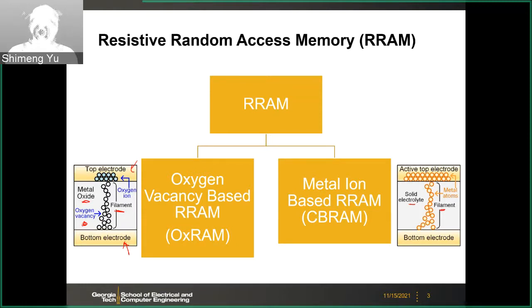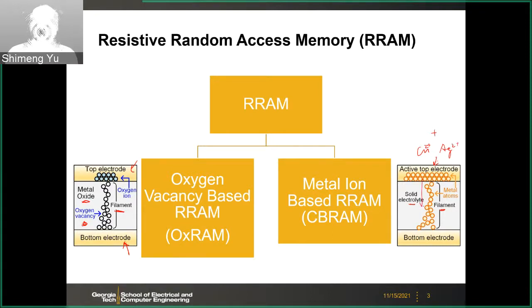So in this case, we have the active electrode, and typically it's made of copper or silver. So copper and silver atoms can be easily ionized. If you apply positive voltage, they will become copper ion or silver ion.